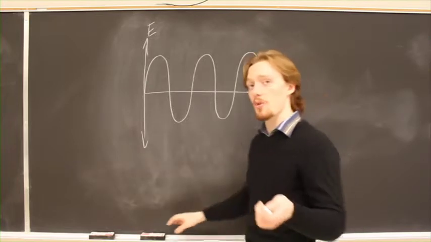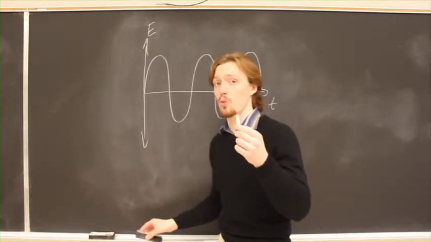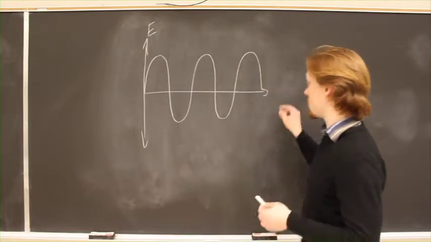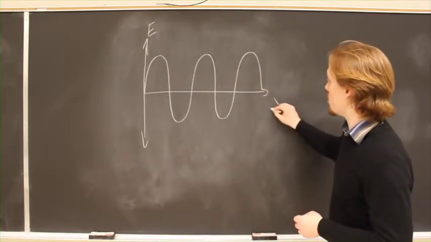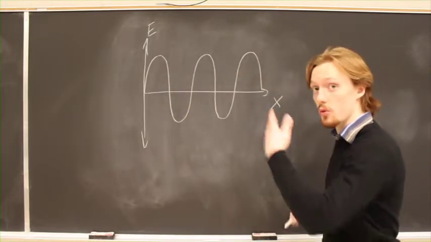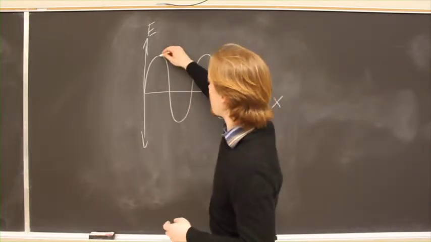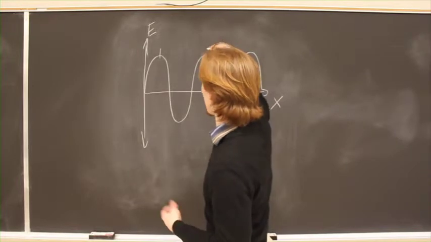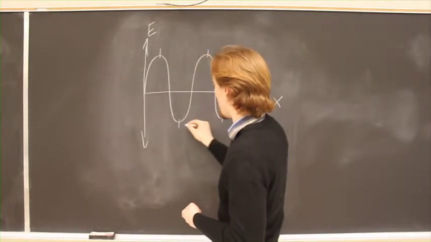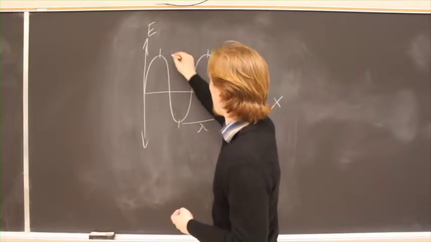And another way of describing a wave is what we refer to as its wavelength. So if we look at the wave not as a function of time, but as a function of position, so as what the electric field does as we move through space, then we can characterize the distance between a crest, like a maximum or minimum, by its wavelength.